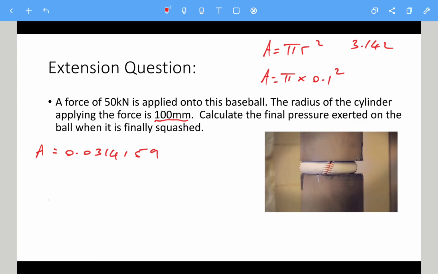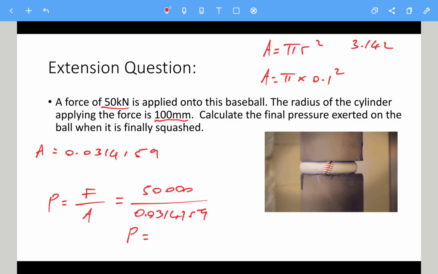And then pressure. Pressure is simply force over area. You might have actually found this easier than the previous question. So the force is 50 kilonewtons, so that's 50,000. Divided by the cross-sectional area, which we just figured out, so 0.0314159, etc. So that should give us a pressure that's equal to, and it should get 1,591,549 pascals.